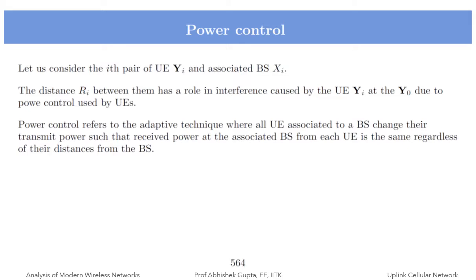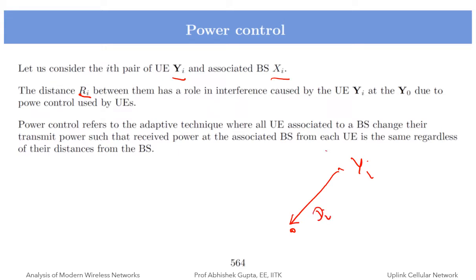Now let us consider the ith pair which has the UE at yi and the base station at xi. The distance between yi and xi is Ri. Normally, if the UE is located at yi and the tagged base station is at the origin, the interference caused by this yi at the tagged base station depends on the distance Di.